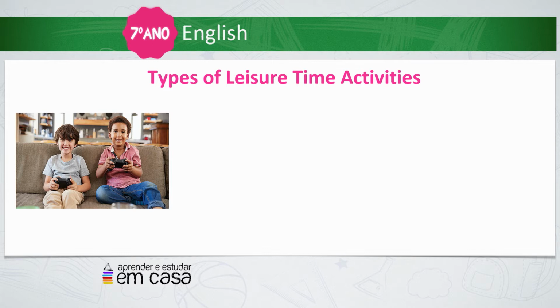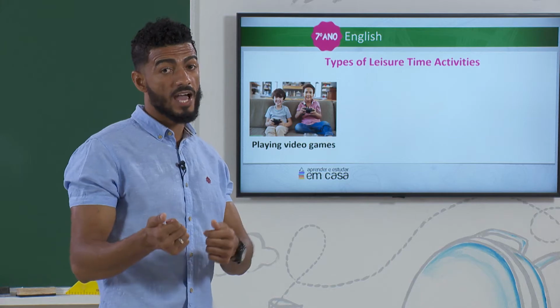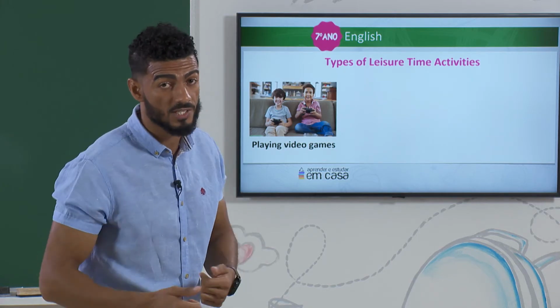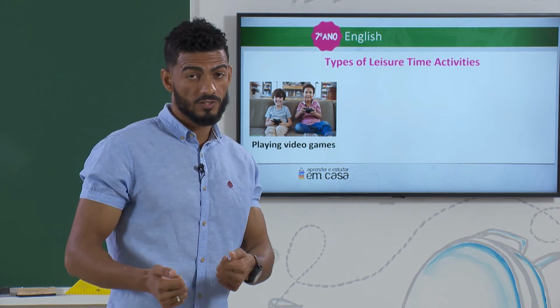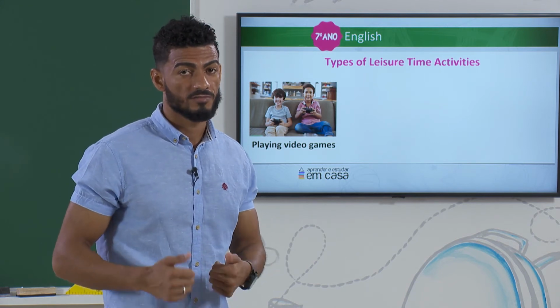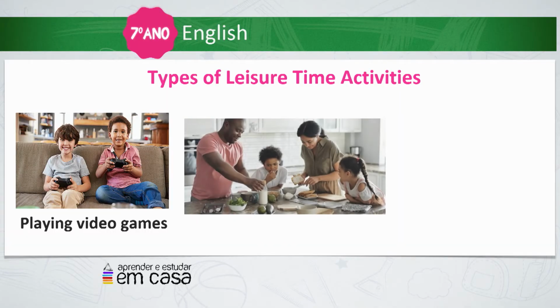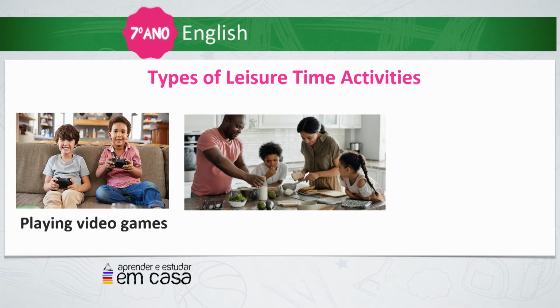Here, as you can identify in the picture, we have kids playing what? Playing video games. Do you have video games, or do you have games at your home? Are you good at playing games? Fine, good. The next one, what can you identify in the picture?